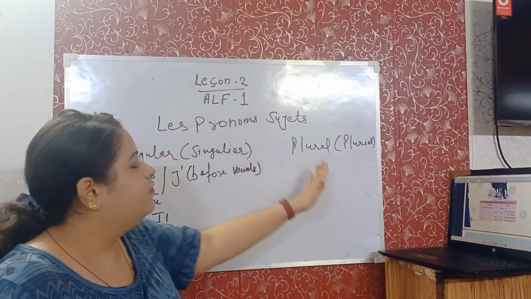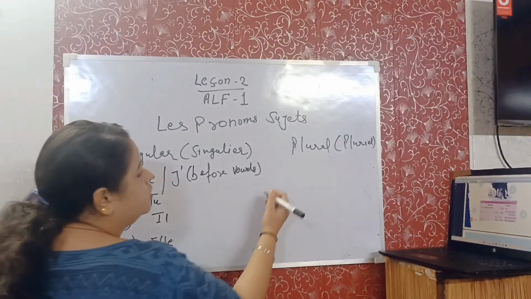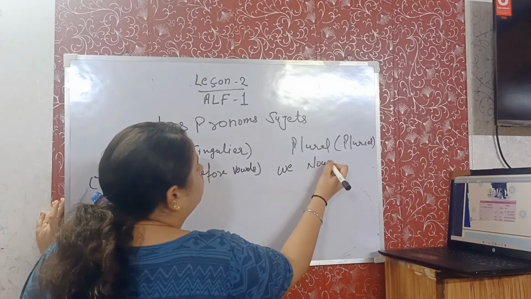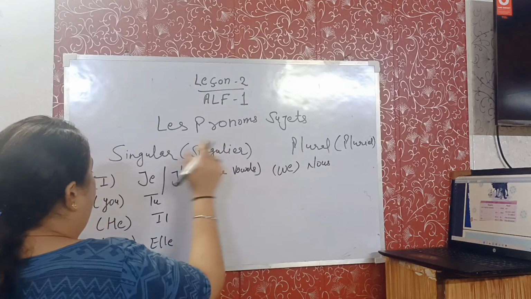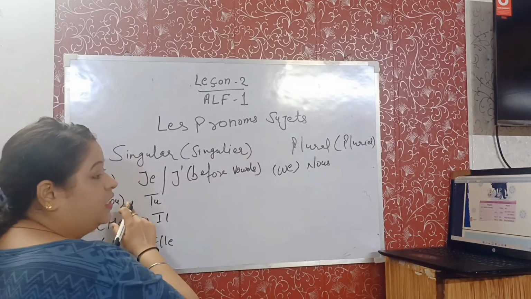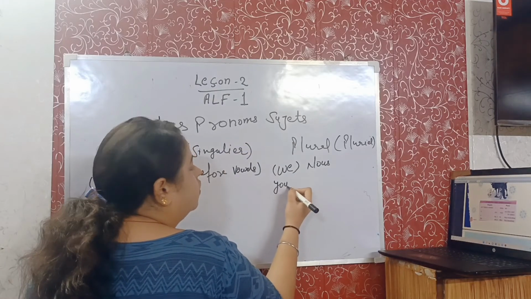Now the plural of this. What will be the plural of I? That is we. And in French it is nous. The plural of je will be nous. Next, tu. The plural of tu will be vous.